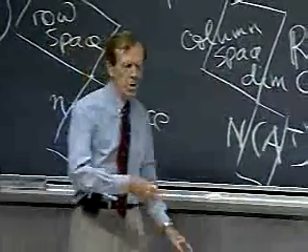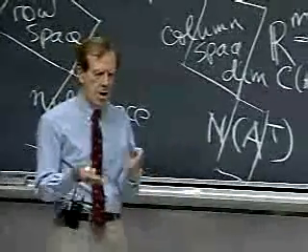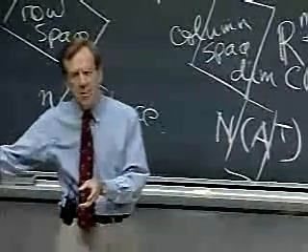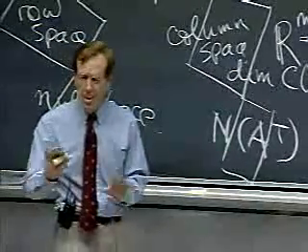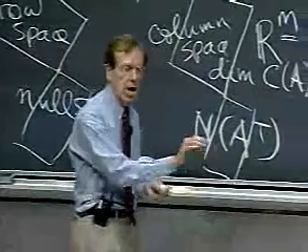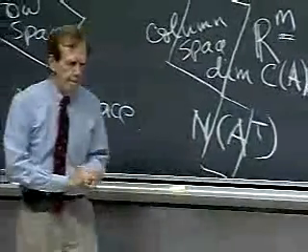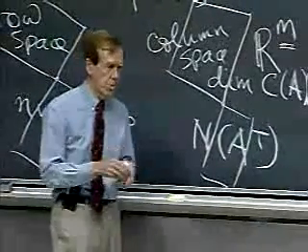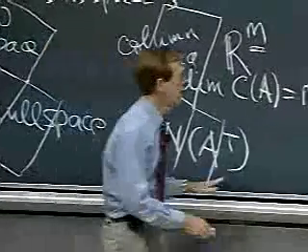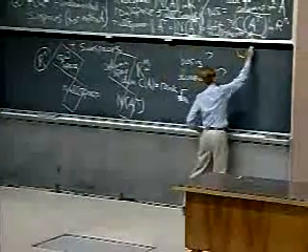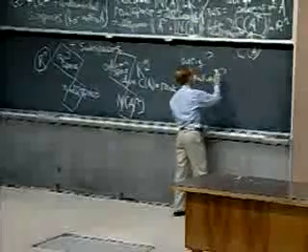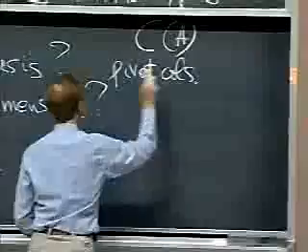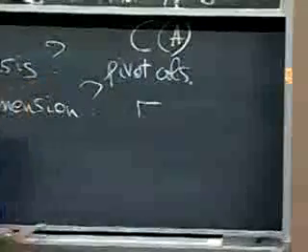We've done all the work of row reduction, identifying the pivot columns, the ones that end up with pivots. But now the pivot columns I'm interested in are columns of A, the original A. And those pivot columns, there are R of them, the rank R counts those. Those are a basis. So if I answer this question for the column space, the answer will be a basis is the pivot columns, and the dimension is the rank R.